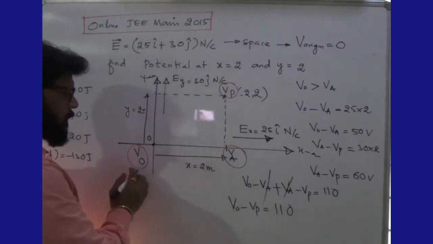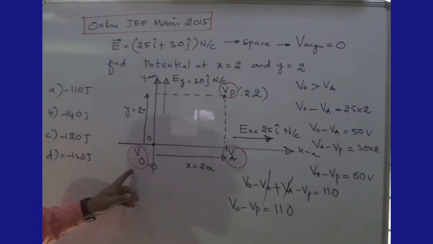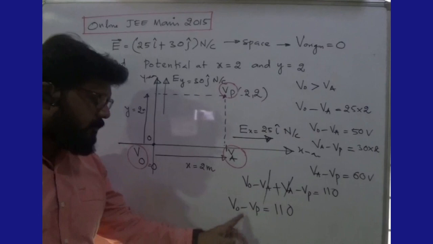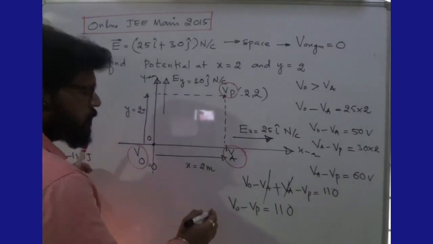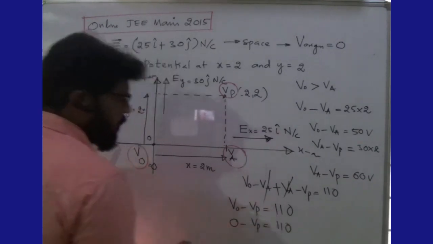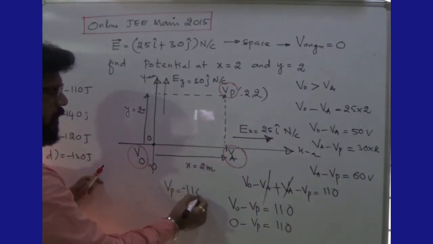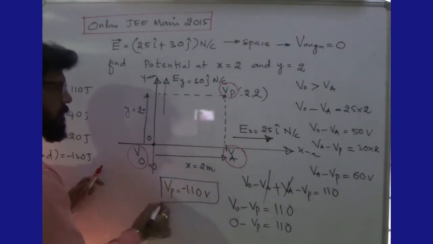But V naught is already given in the problem: the potential at the origin is 0. So 0 minus VP is equal to 110, or simply the potential at point P is minus 110 volts. This will be the answer.